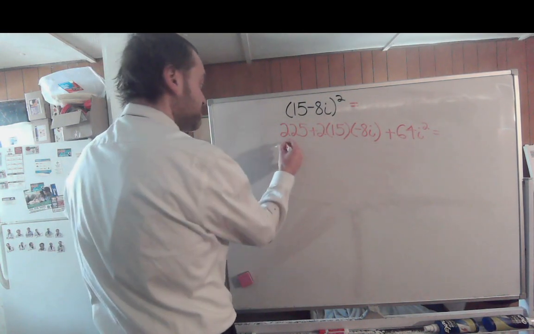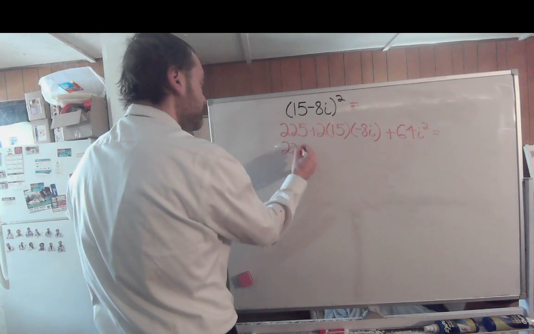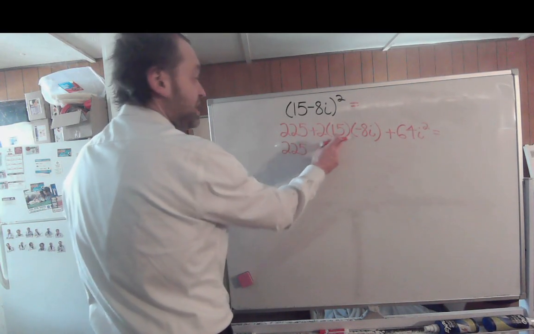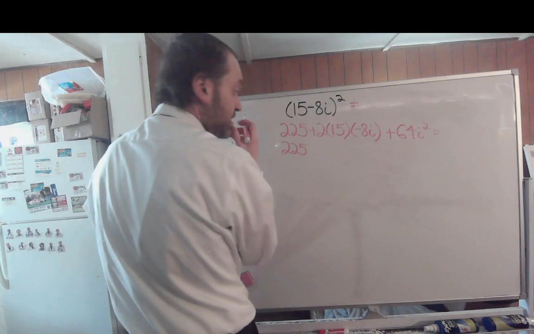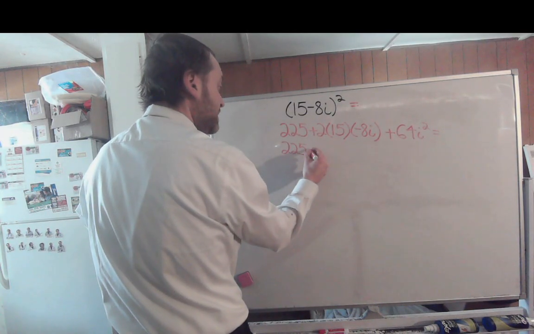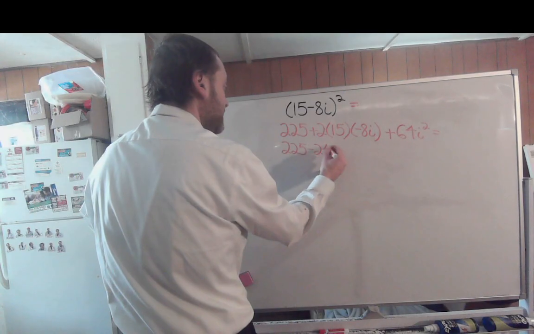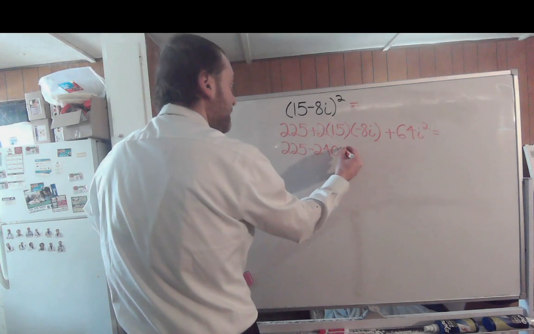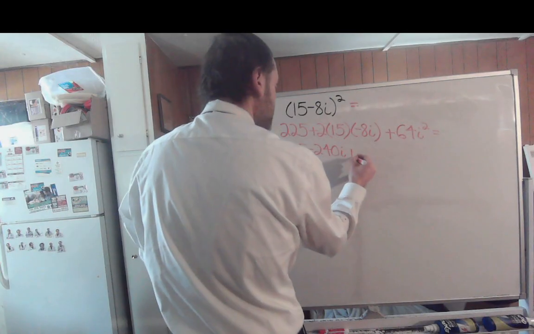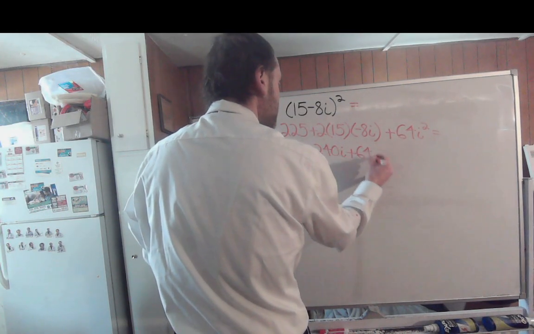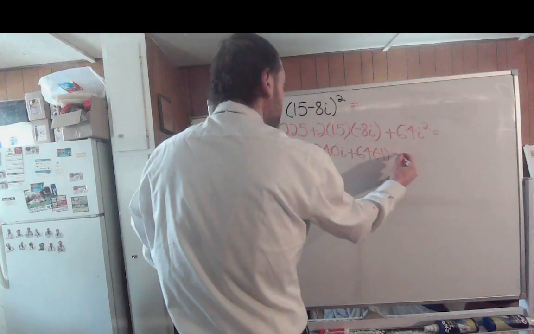All right, so this will simplify into 225. 2 times 15 is 30. Times negative 8, that would be minus 240i plus 64 times i squared, which would be plus 64 times negative 1.